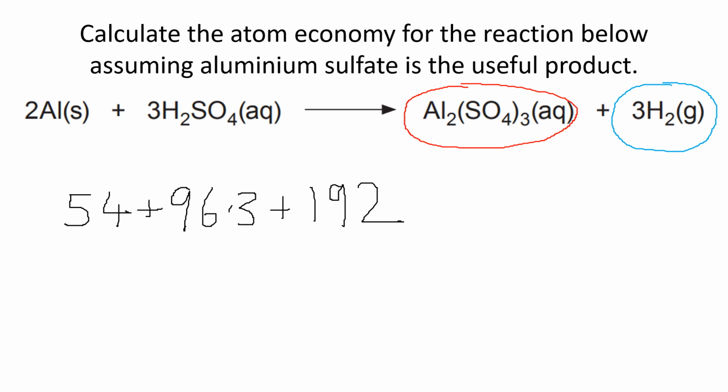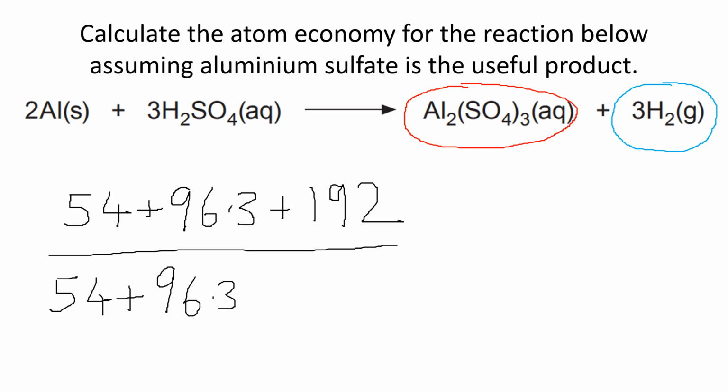So that's your useful product. And then we divide it by the useful product plus the 3 lots of the hydrogens. That's 54 plus 96.3 plus the 192 plus, well, that would be 6.06. Each hydrogen is 1.01 and there's 6 of them in total.